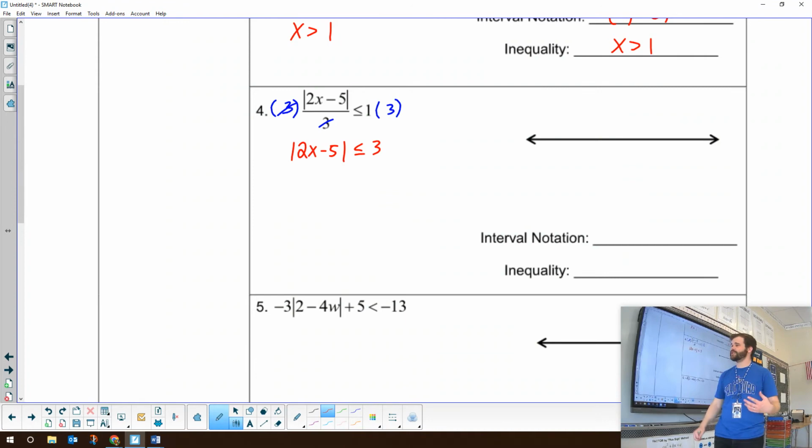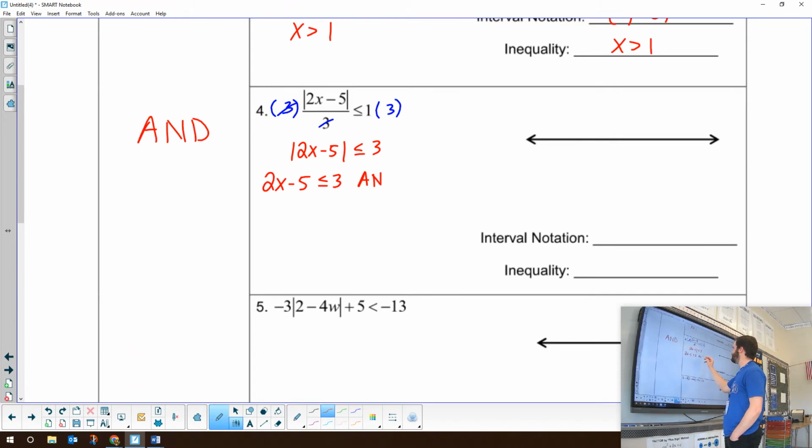And so I know this one's going to be an and problem, which means my graph is going to come together. That's important to remember, okay? So I'm going to have 2x minus 5 is less than or equal to 3, and 2x minus 5 is greater than or equal to negative 3.